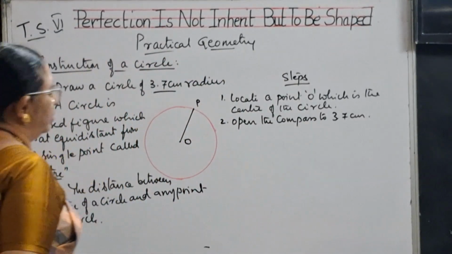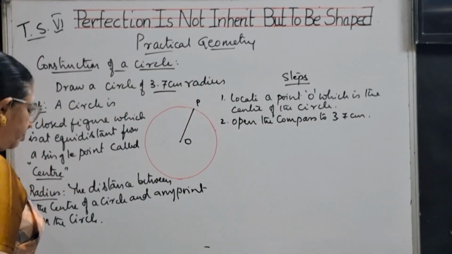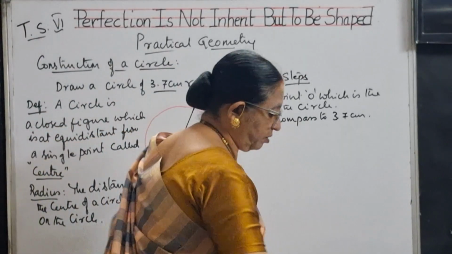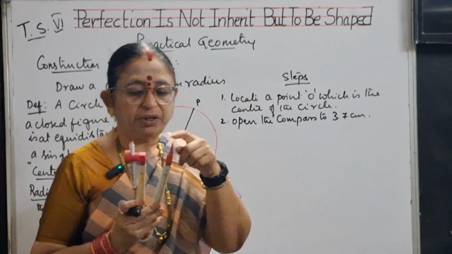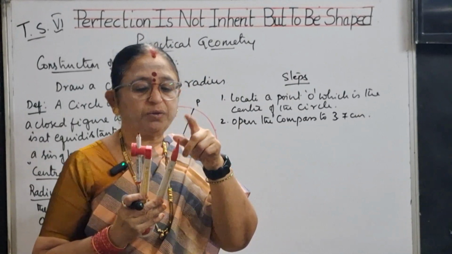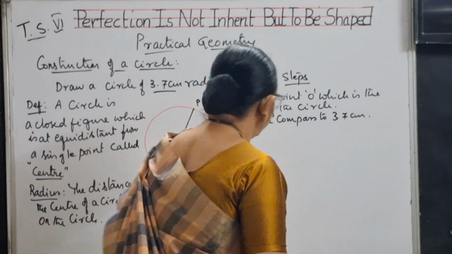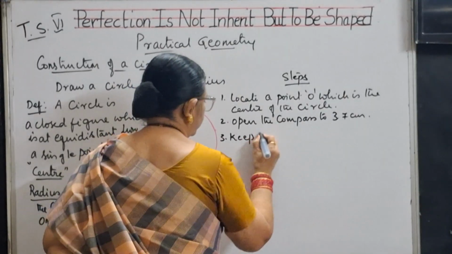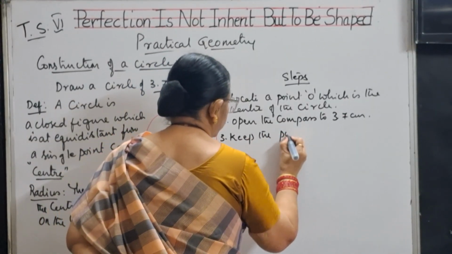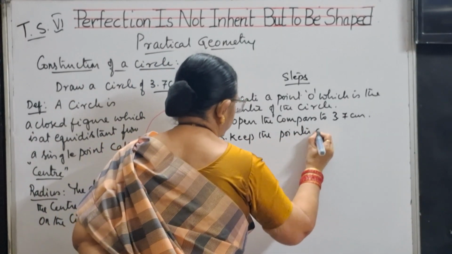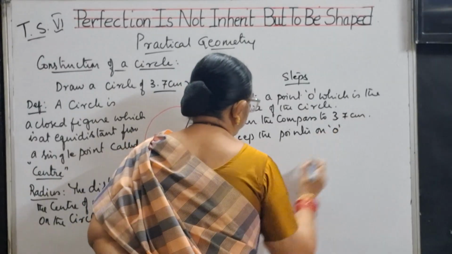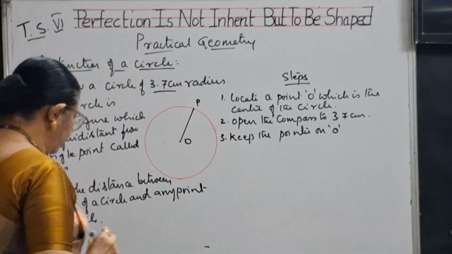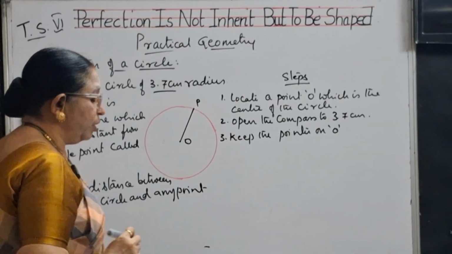So up to that you have to open the compass. Then this needle, or you call it a pointer, you have to keep this pointer on O. Third point is, keep the pointer on O.